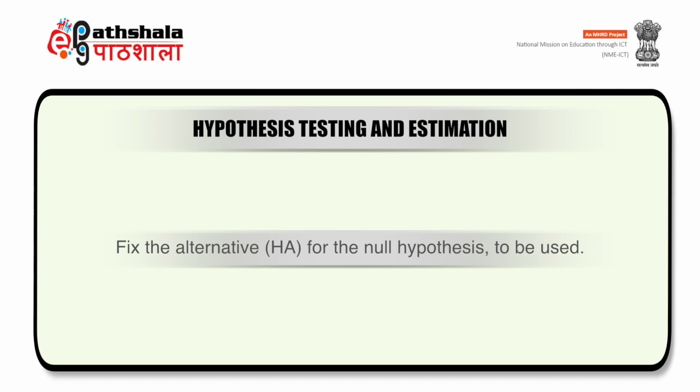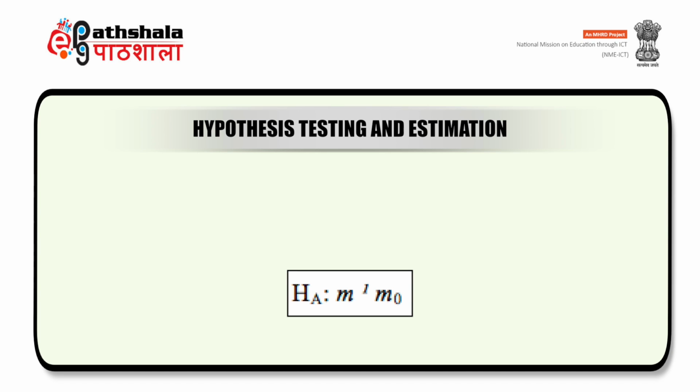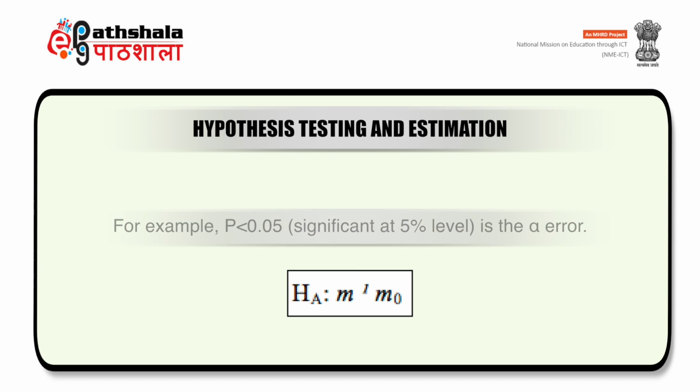Fix the alternative for the null hypothesis to be used. Step 3. Set the level of significance, that is, as you can see on your screen with the example, the significance level, if it is at 5% level, if p is less than 0.05, then it is the alpha error. It is thought of as the producer's risk or manufacturer's risk.